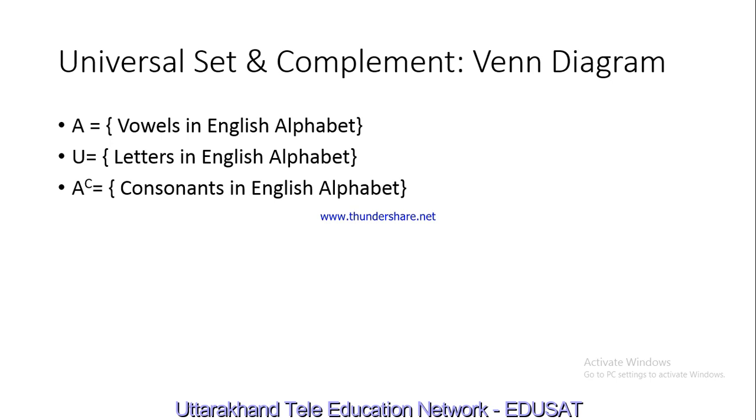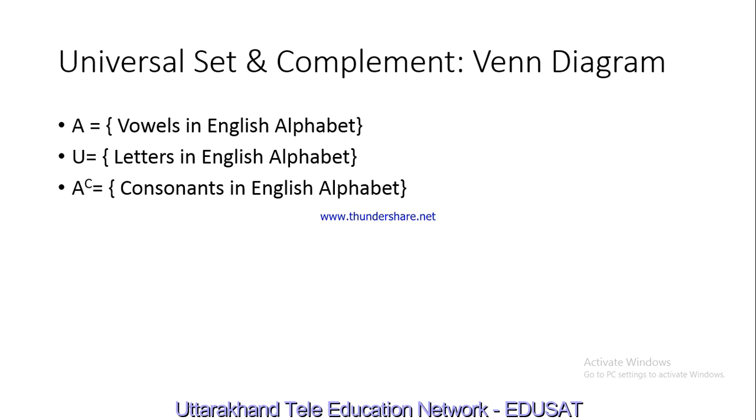Is this understood? Now, I hope you know what consonants are. All other letters except the vowels are the consonants. For example, B, C, D, F, G, H, J, K, L, so on and so forth. Since there are 5 vowels in the English alphabet, naturally the remaining ones are the consonants.